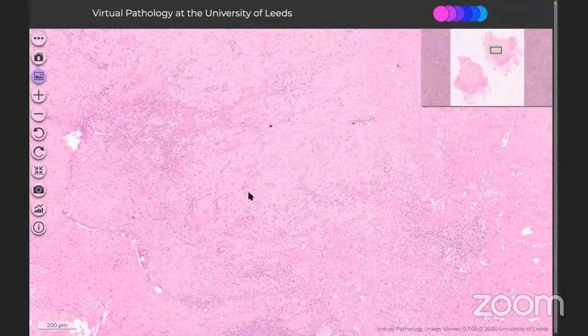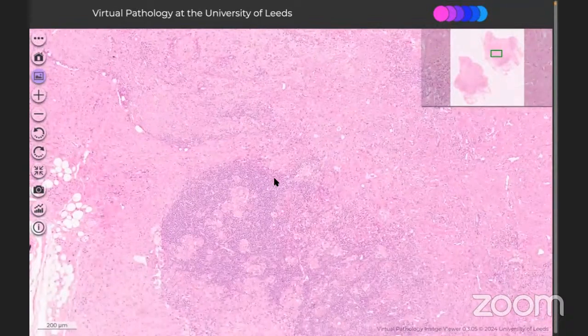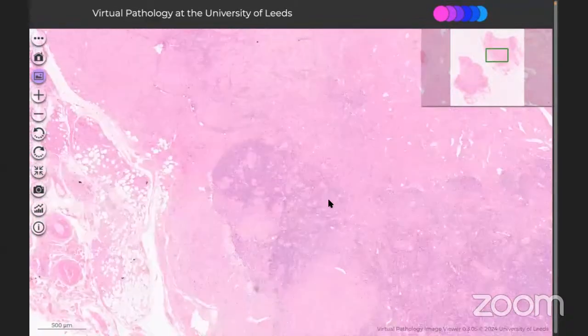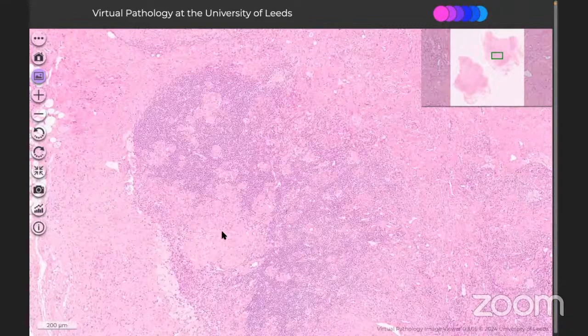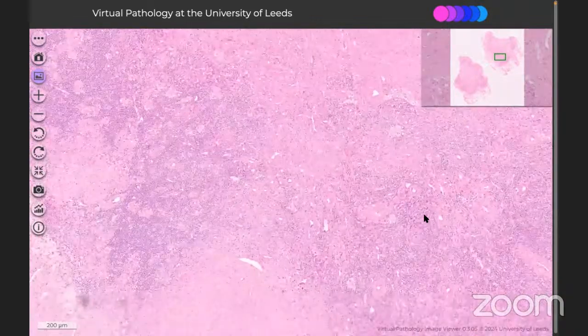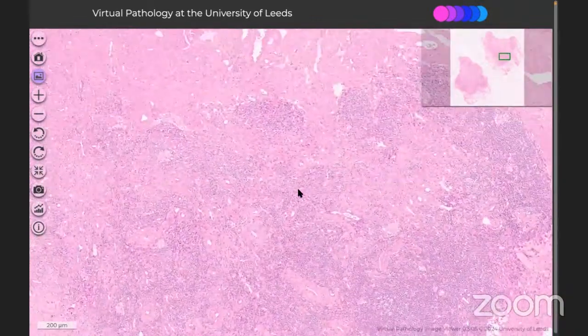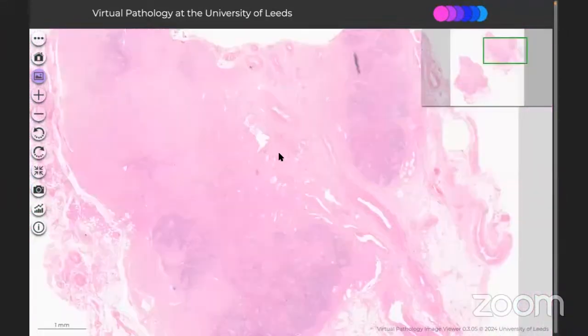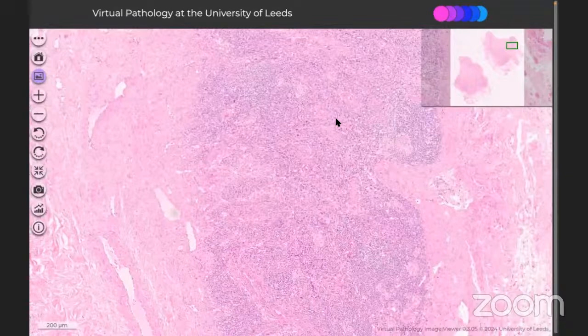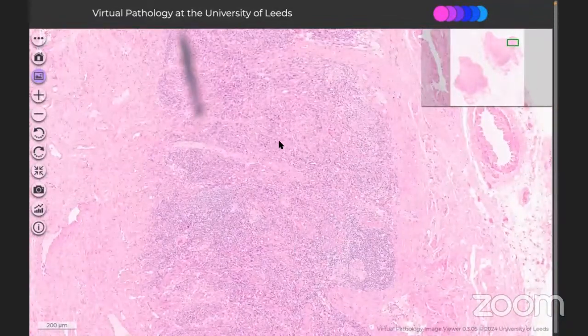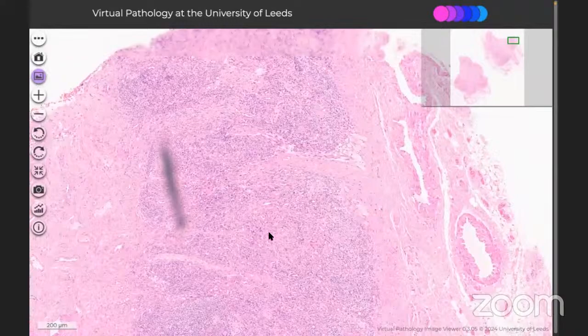Just going back to a bit lower magnification, here we can see the lymphoid follicles have been eaten up by this granuloma, which is infiltrating into the germinal centers. And this is the medullary part of the lymph node, and this is the other half of the lymph node where we can also see this granulomatous inflammation and predominance of macrophages.